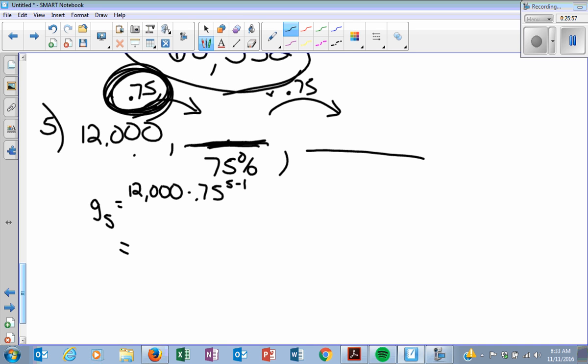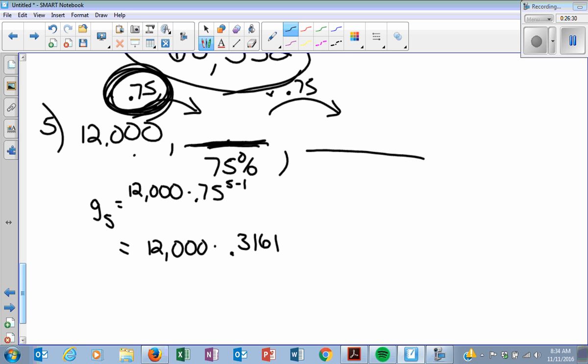So then I take my calculator and I put 0.75 and I hit the XY button that we talked about. XY 4, and I should get 12,000 times what? Anyone got that? 0.75 XY 4? Point 3 1 6 1.